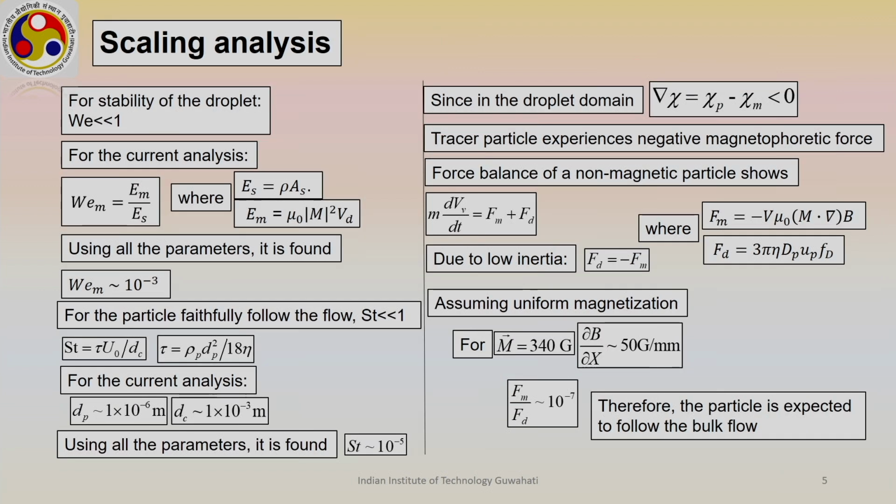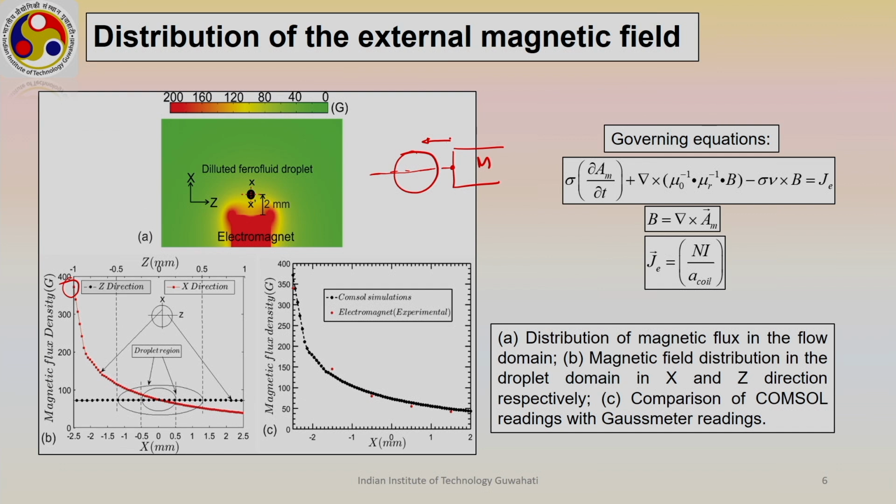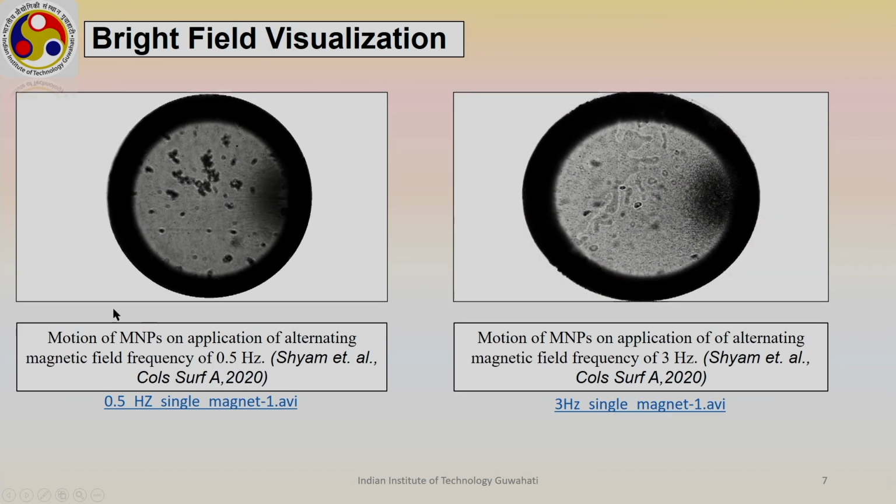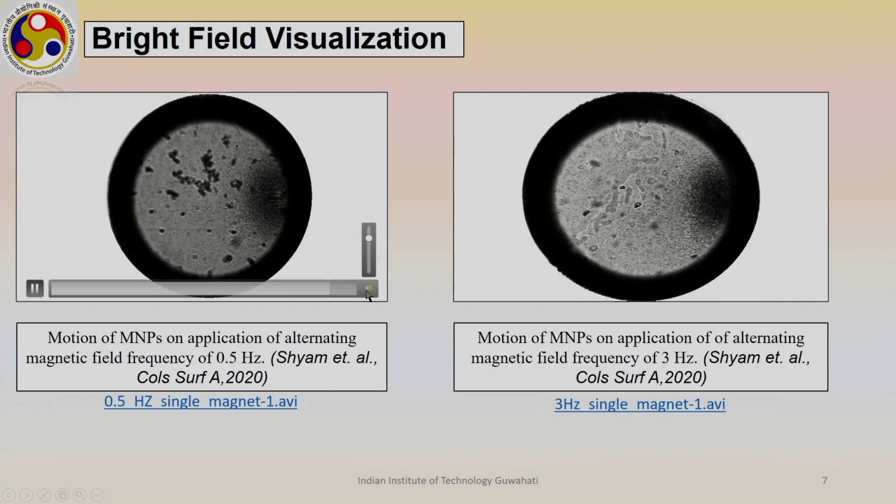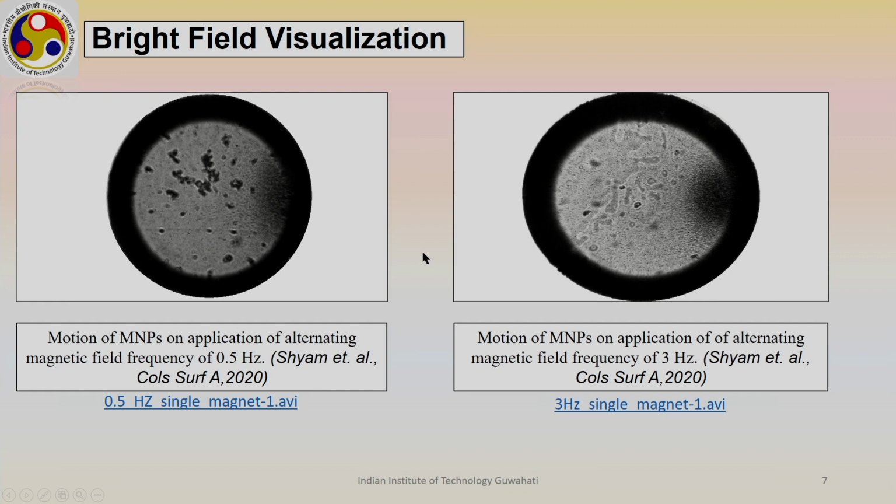Now, if I go to this slide, what we can see from this movie is that particles are getting attracted towards the magnet, and since it is an electromagnet, we can control the magnetic field strength by suitably designing the electromagnetic circuit. Here this is a kind of time periodic magnetic field.